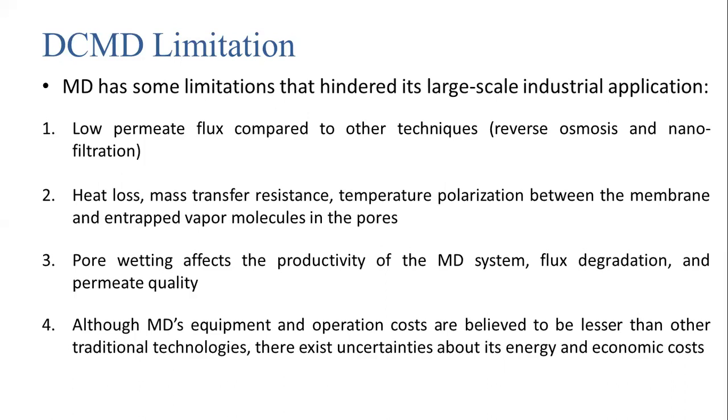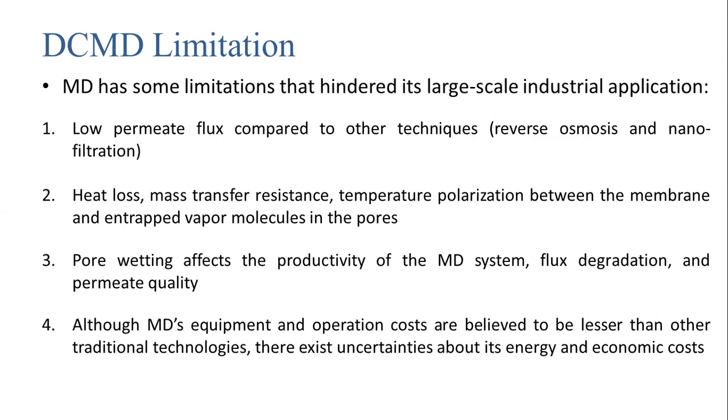Heat loss, mass transfer resistance, and temperature polarization between the membrane and entrapped vapor molecules in the pores is the main problem, and it actually decreases the efficiency of the desalination significantly. Poor wetting affects the productivity of the MD system, mainly when the membrane is in between two different fluids, which is hot and cold.